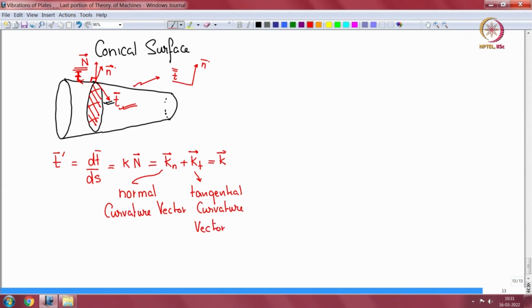Okay. Now Kn is equal to minus Kn, okay, or let me do this, let me give it a stylized scalar curvature value and the normal. They are opposite in sense, opposite in sense.